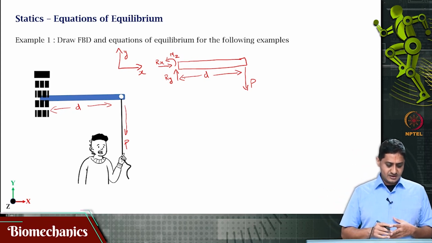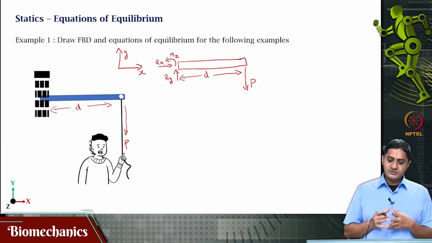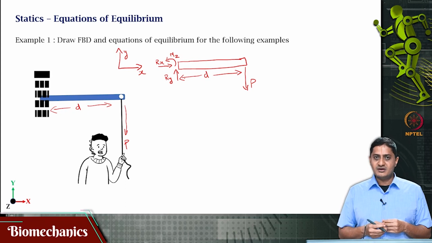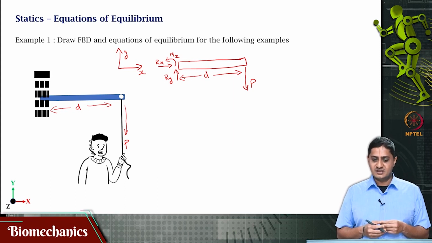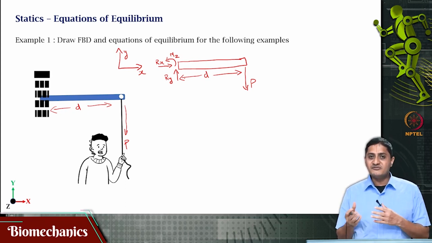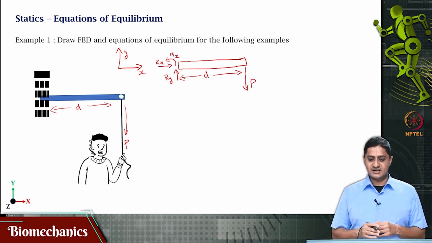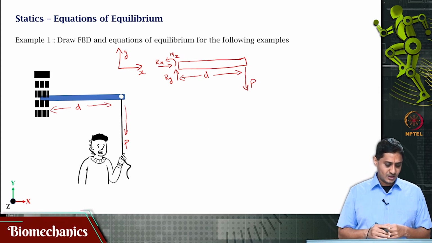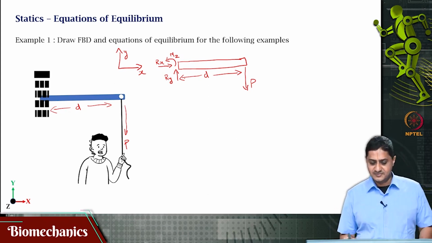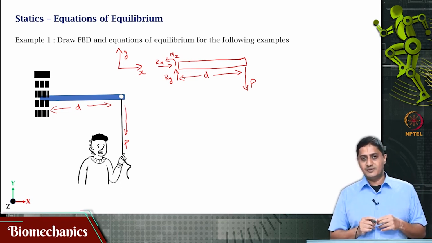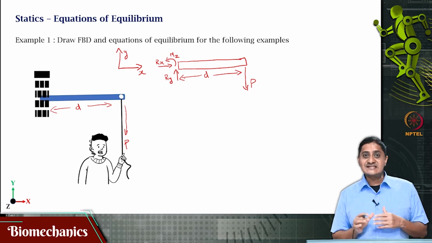Now by using this free body diagram, we will be in a position to solve for unknown forces, or when some of these forces are given, can we find the other forces using this diagram? The answer is yes, we can do that. How? Let us see. Because I know that this beam as a whole is in static equilibrium, that means it is not accelerating.